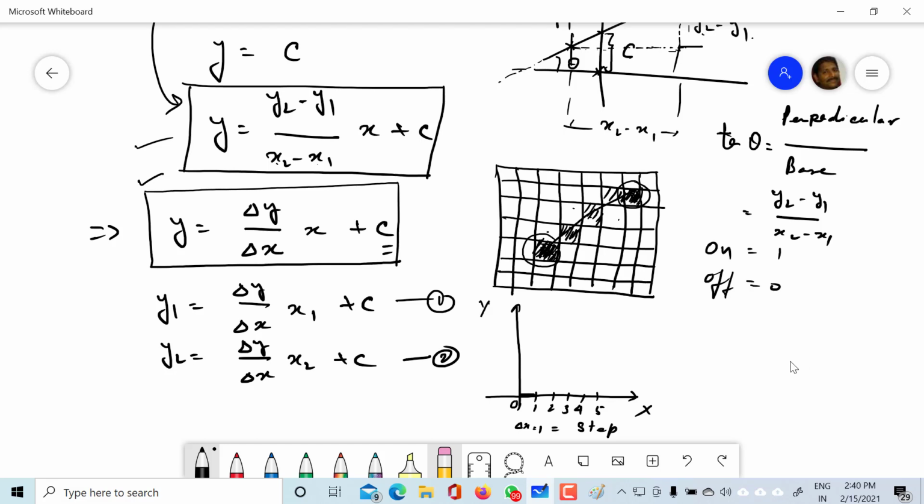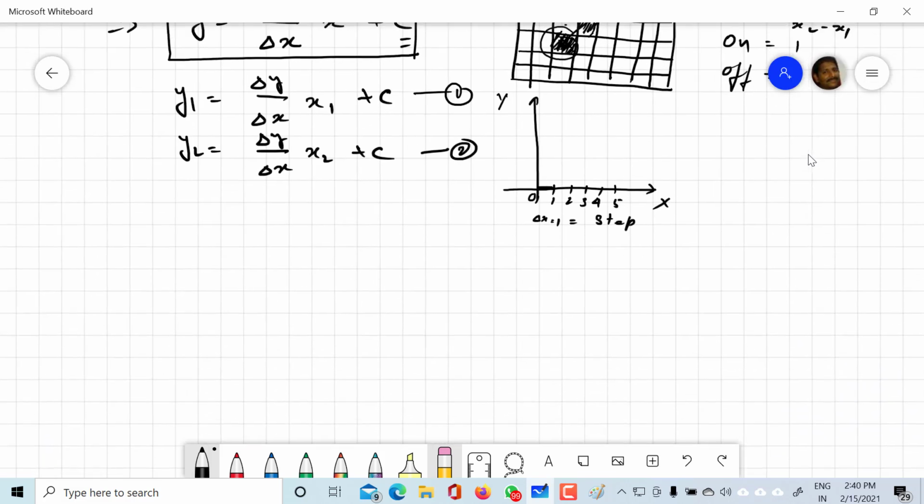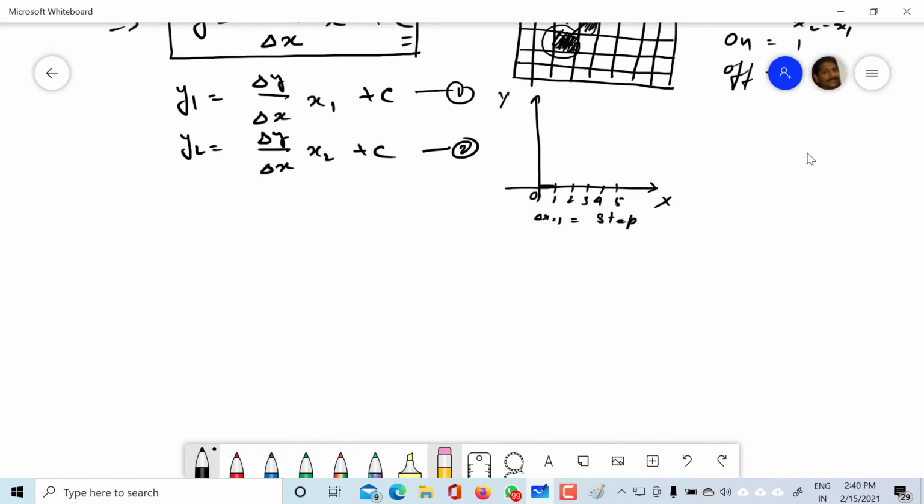Now this is equation number 1 and this is equation number 2. Let us subtract equation number 1 from equation number 2.